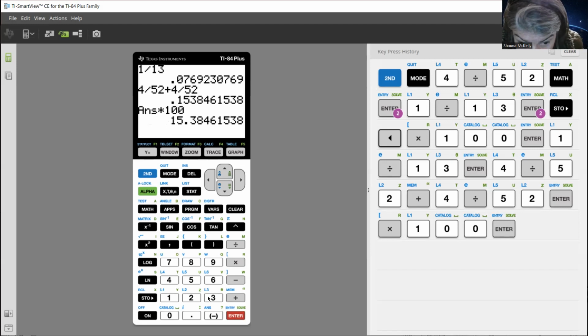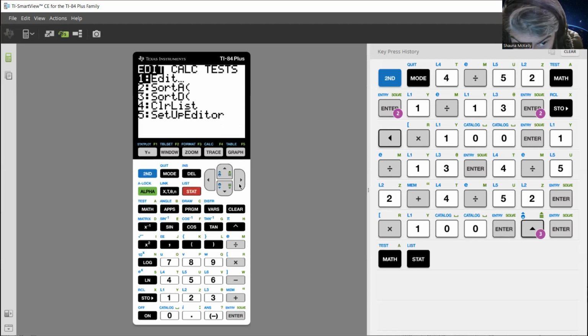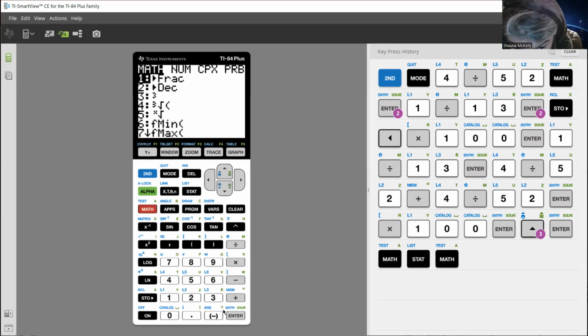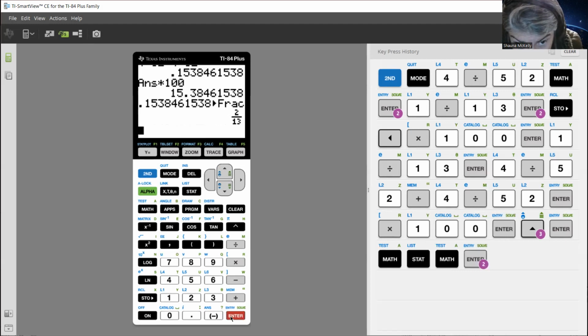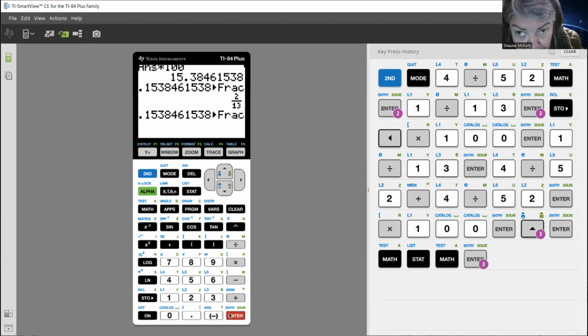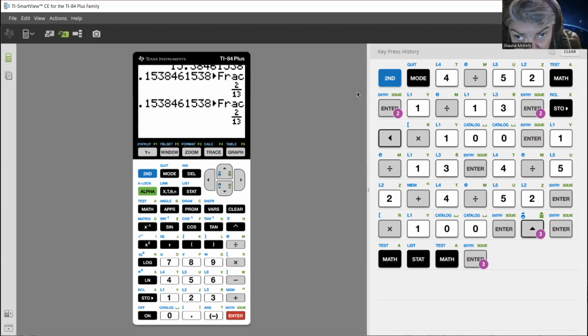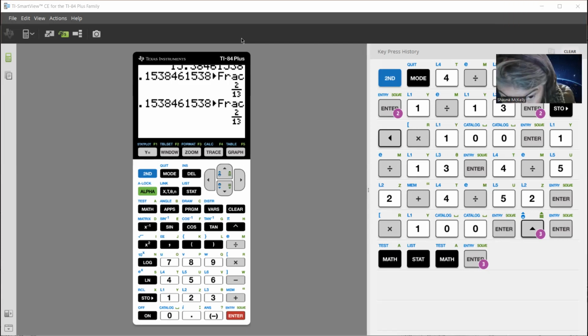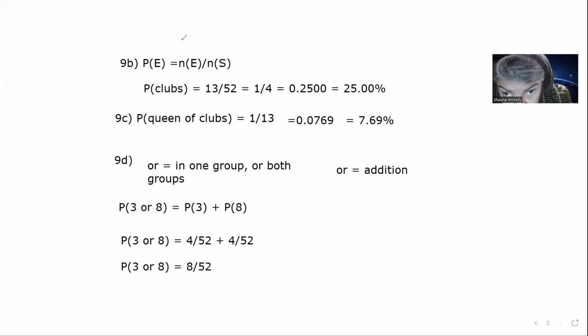So now if I want to convert this decimal back to a fraction, I go math, convert to frac. So here I have 2 out of 13. So I would write this as 8 out of 52, which I already have.